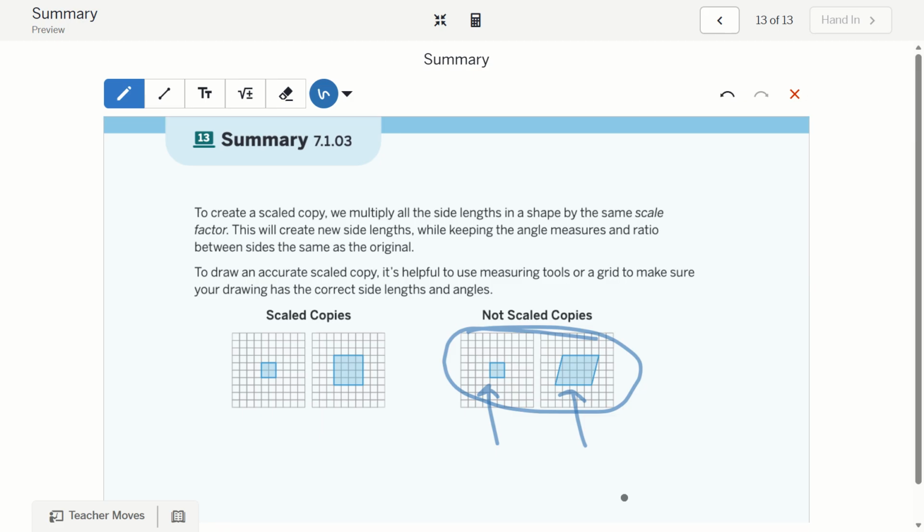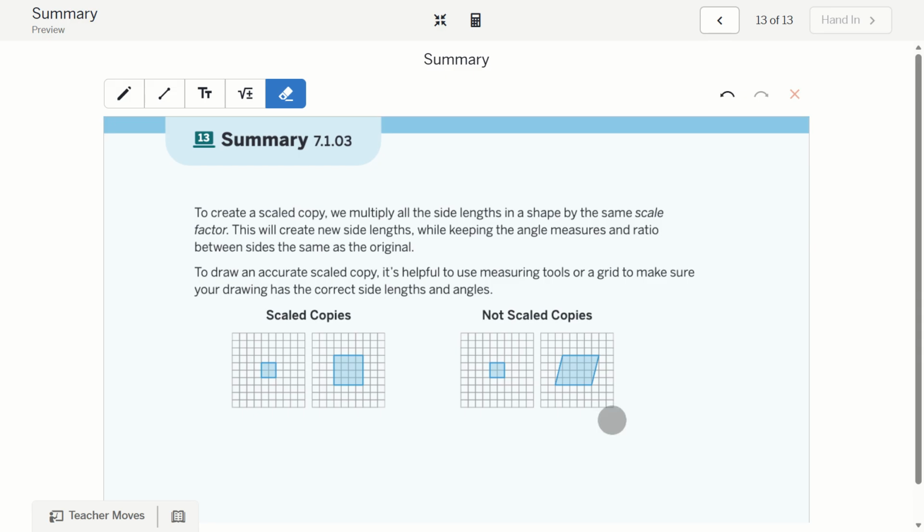The shape should not change other than its size. The shape itself should still be a square. Understood? So again, in summation, for a scaled copy, we take its measurements and multiply by the same number all around to change it up or to change it down.